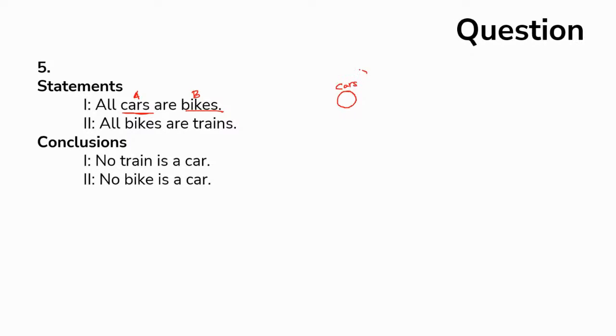Cars will be inside and bikes will be outside. And after that, all bikes are trains, so all B are C. Likewise, if I have to draw the basic diagram only, we try to draw all bikes are trains.